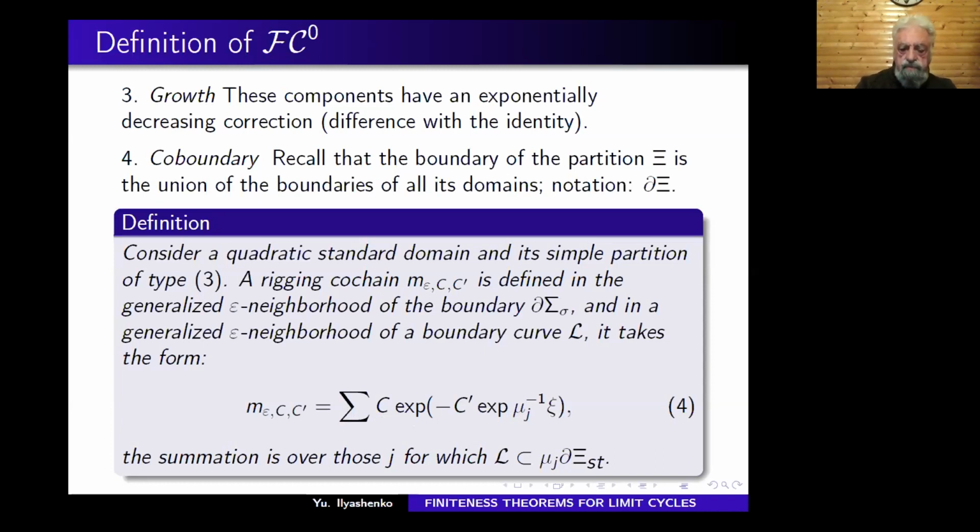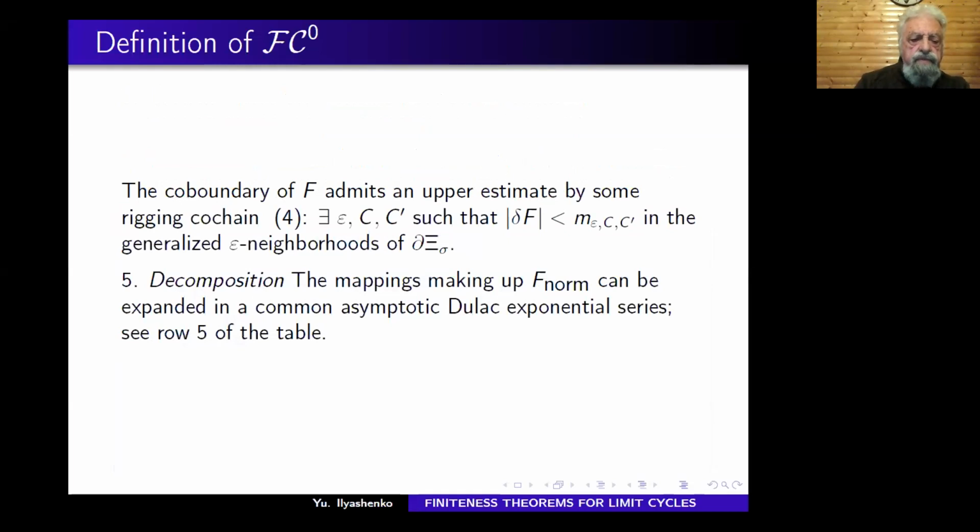So this is the coboundary, and the decomposition is just a decomposition in an asymptotic Dulac exponential series, which was already defined. So this is the definition of FC0.